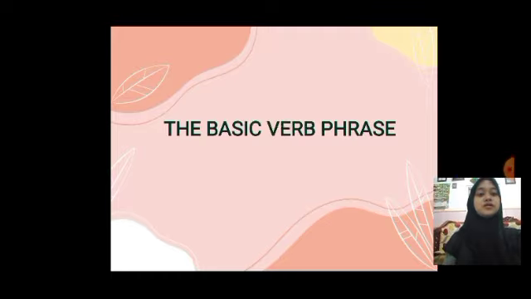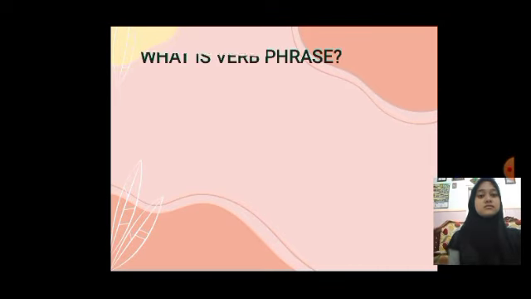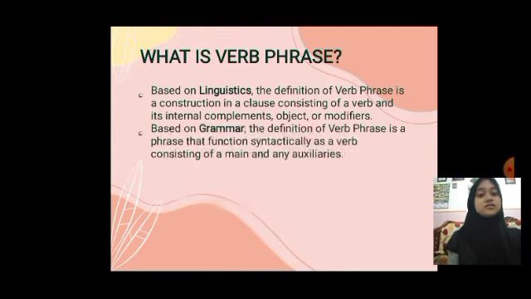My name is Irza Fadhilatur Rohmah, and I would like to explain about the basic verb phrase. What is a verb phrase? Based on linguistics, the definition of a verb phrase is a construction in a clause consisting of a verb and its internal complements, object, or modifiers.